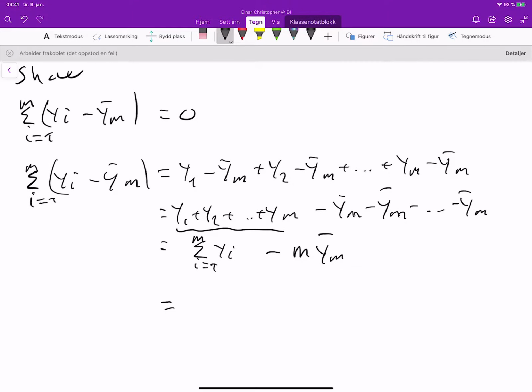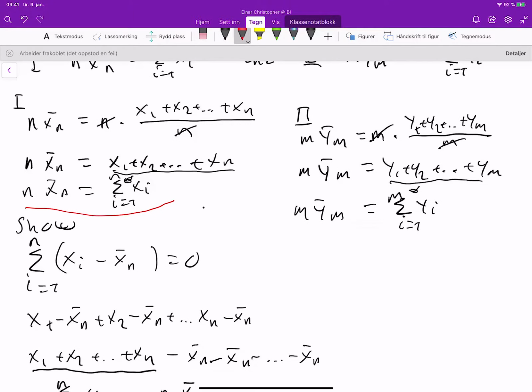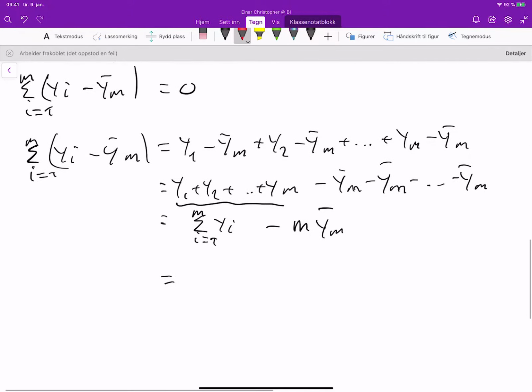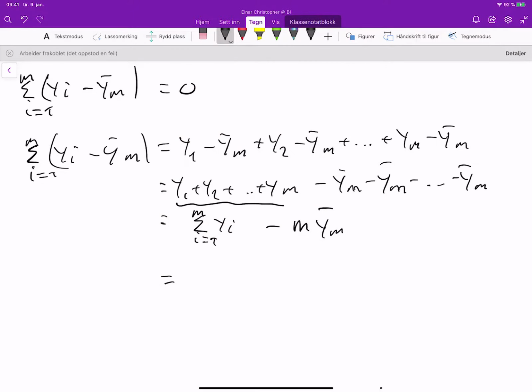And then this first term, the sum over the yi's, we have shown here: the sum over the yi's is equal m y bar m. So I just use this down here, so this one is m y bar m, and we have minus m y bar m, and that's of course equal 0, what we were supposed to show.